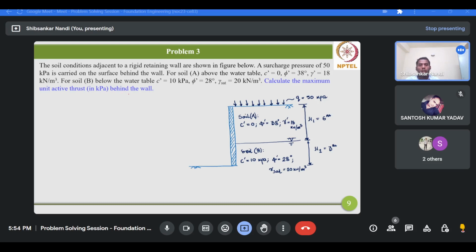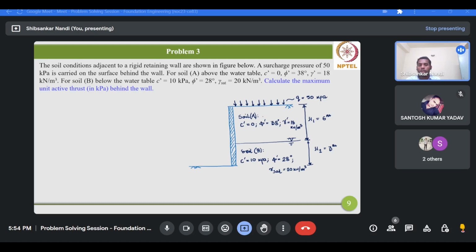Here we need not calculate the resultant active thrust; rather we have to find the maximum unit active thrust. However, for that also we first have to establish the active earth pressure distribution behind the wall. Some of you were asking me in the first problem about the introduction of a water table. Here you can see that part very easily.